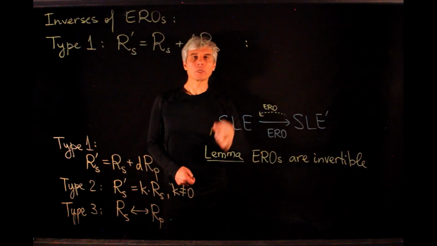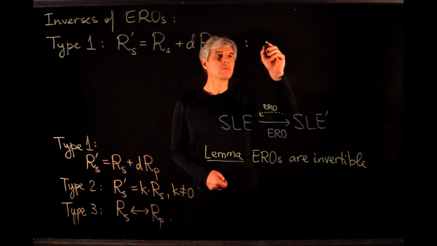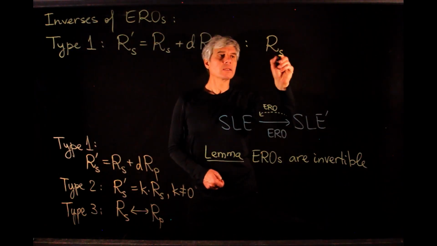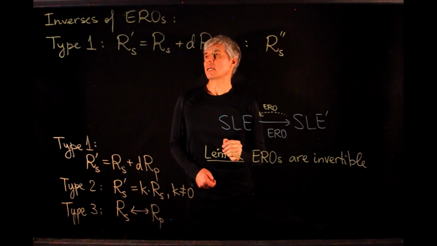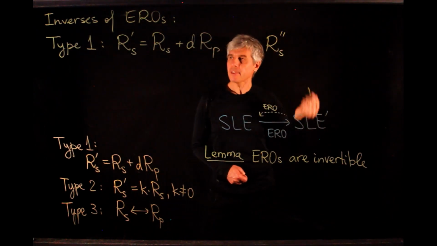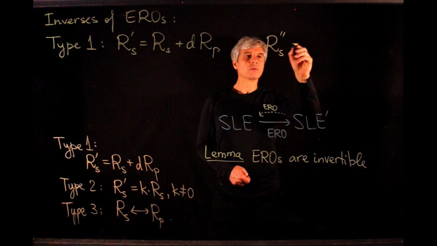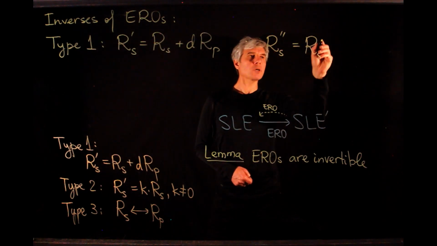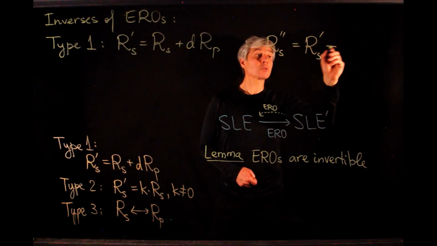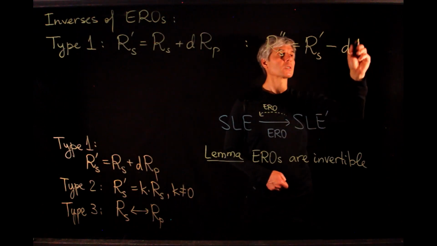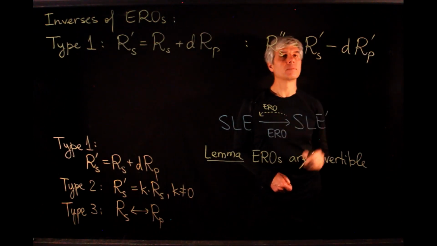Well, what we can do is we can now take another new row S, where we take row S prime and subtract d times row P prime.